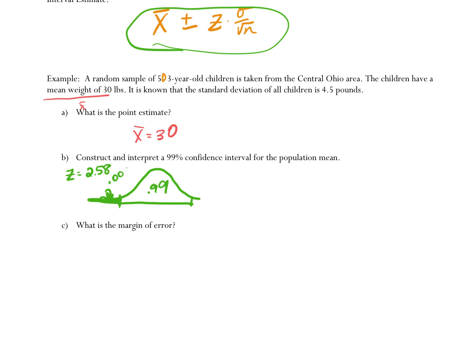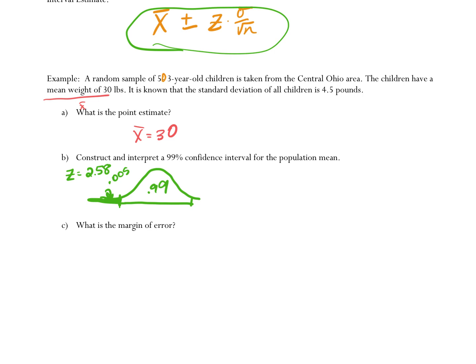And then you do the inverse norm of that 0.005. You're assuming it's normal, especially because the sample size is 50. Remember that we talked about before, a sample size above 30 is good. The other thing is, if the sample looks like it could have come from a normal distribution, we sometimes assume that, and then it's good.